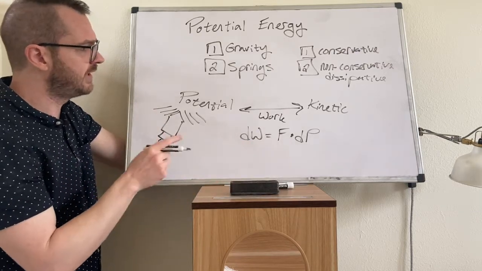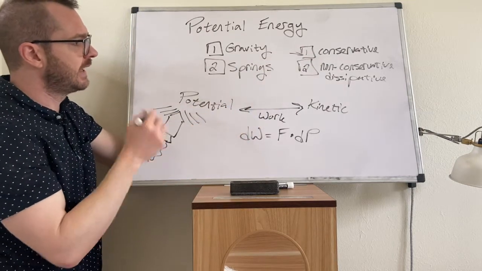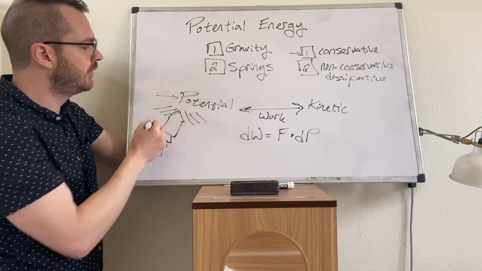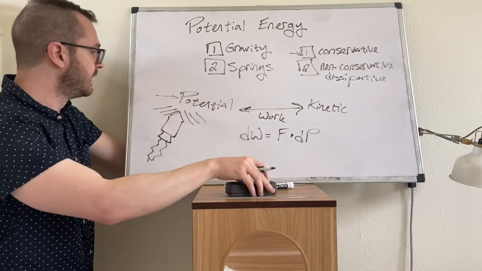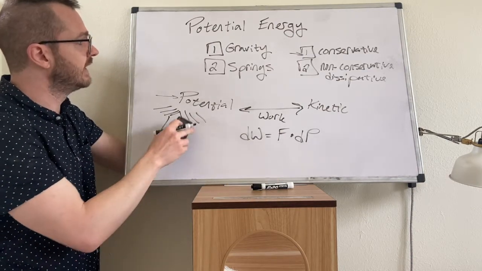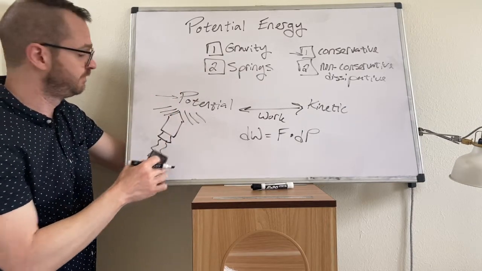So what we're looking at today is specifically conservative forces, and conservative forces are tied to potential energy expressions. Okay, so let's clean this up and let's get started with the first example, which is gravity.